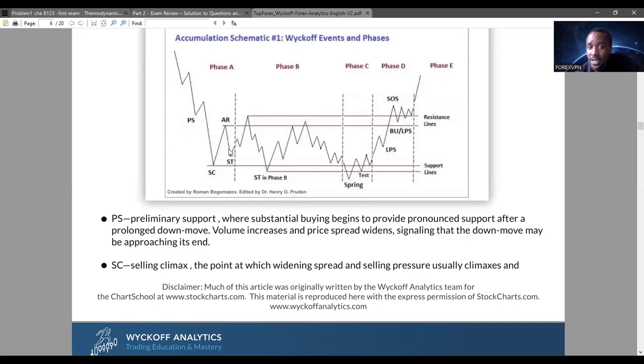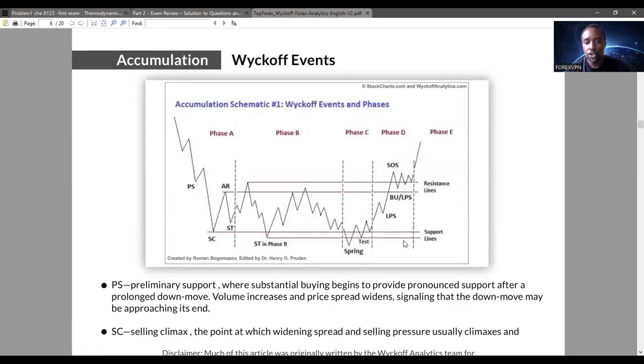The initial secondary test goes up to this point, and our SOS now is higher than this. Like I was saying, you see that this sign of strength is higher than the structure printed by this secondary test. So that is showing you that there's a break of structure, a positive sign that Wyckoff is actually going to play out completely to the upper side.